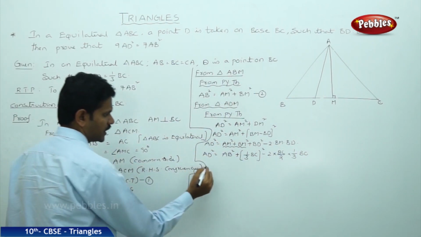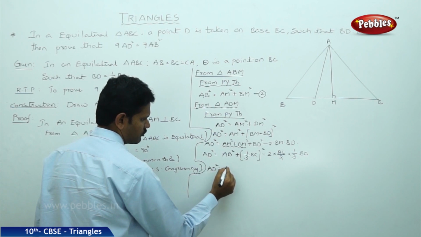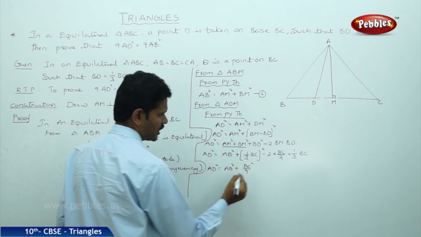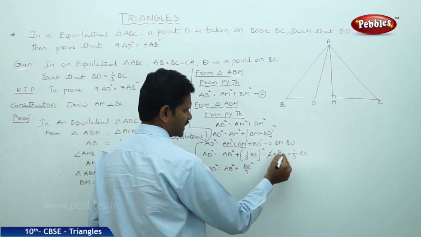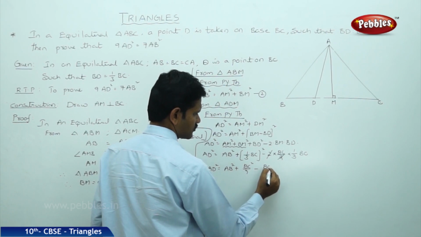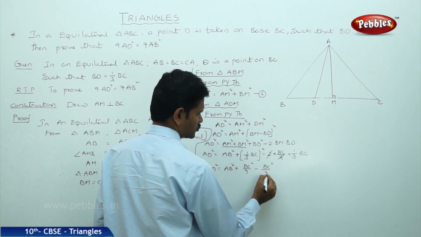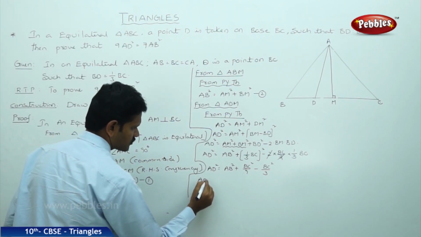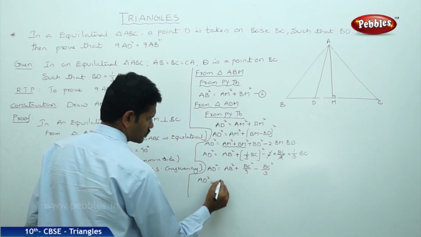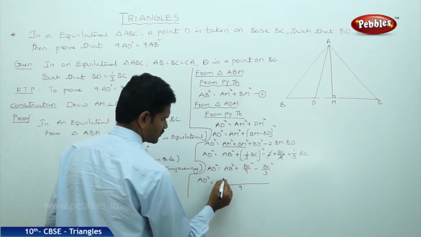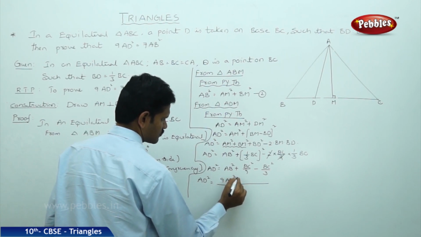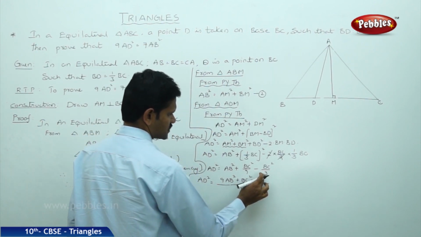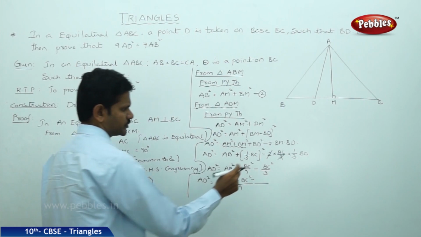That is, AD square is equal to AB square plus BC square by 9, 2 getting cancelled, minus BC square by 3. That is, AD square is equal to, the LCM is 9, so 9 AB square plus BC square minus 3 into BC square.